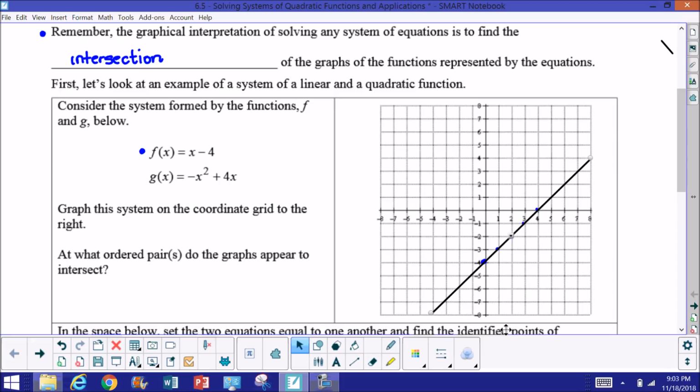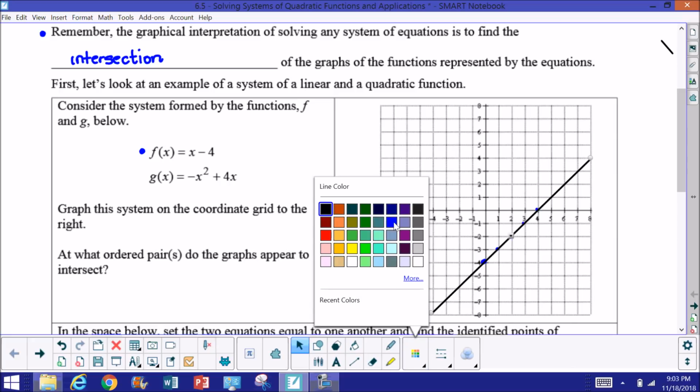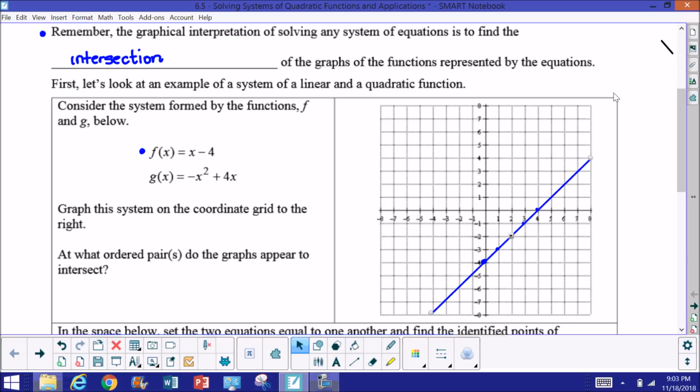So let's take this line and say, hey, I would like to make you blue. So we've got that. And all truth be told, this line will head off in both the positive and negative directions forever. So oops, let me fix that there. And here we go. We're going to go ahead and put arrows at the ends.